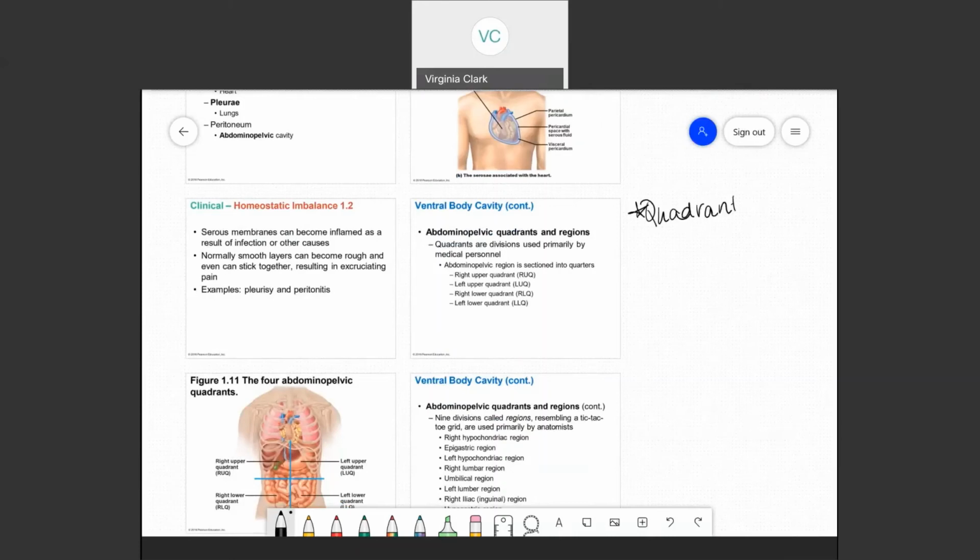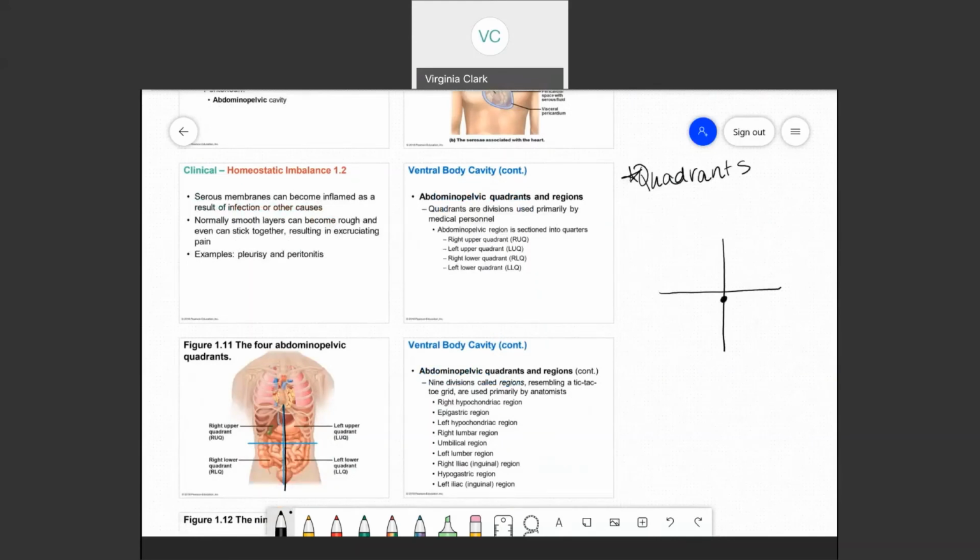And basically all that means is if you take the human body and you're looking straight on, your belly button is about right here, you are going to have these 4 quadrants right here. And these are named for anatomical position. So keep in mind, if you were to identify your right hand, it is going to be a different side than the anatomical position. So the right hand on our body is going to be over here. And our left hand is going to be over here.